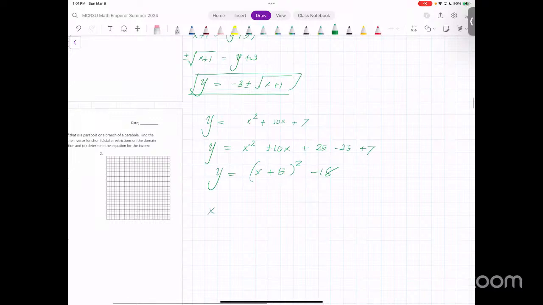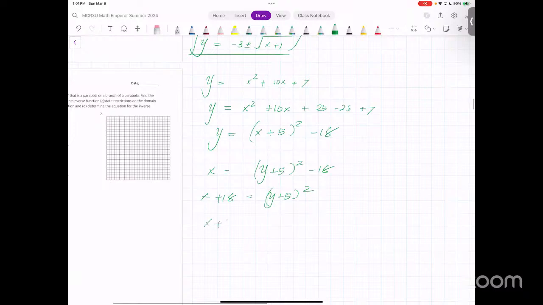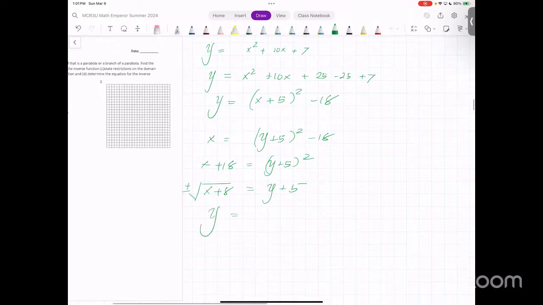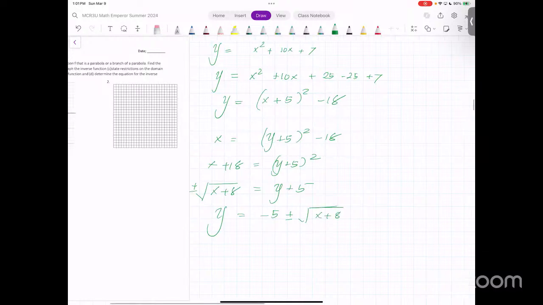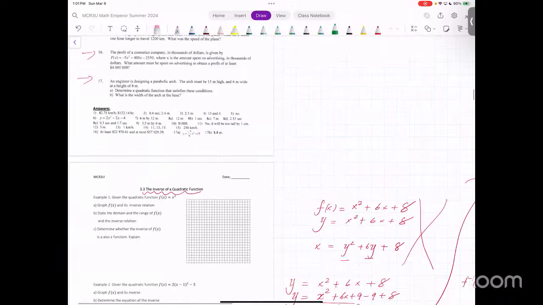And what do we do? (y plus 5) whole thing squared. So the square root of x plus 18, with the plus or minus sign, is y plus 5, isn't it? So y is minus 5 plus or minus the square root of x plus 8. Makes sense? All right.